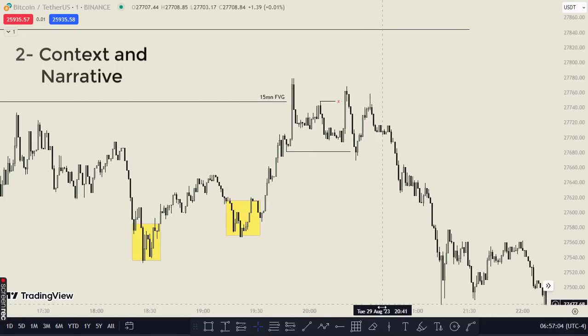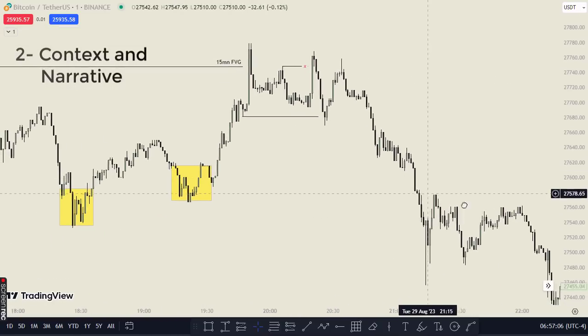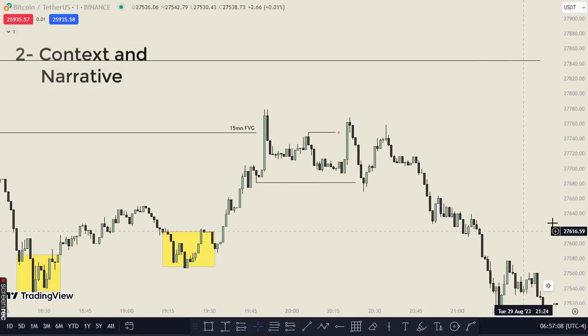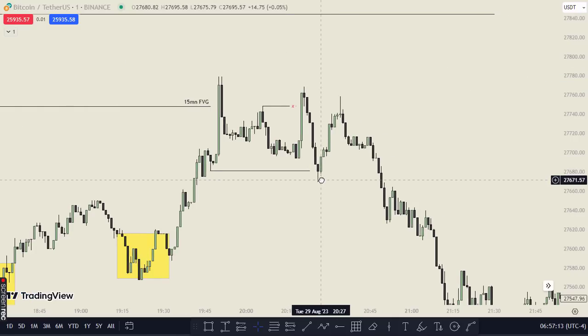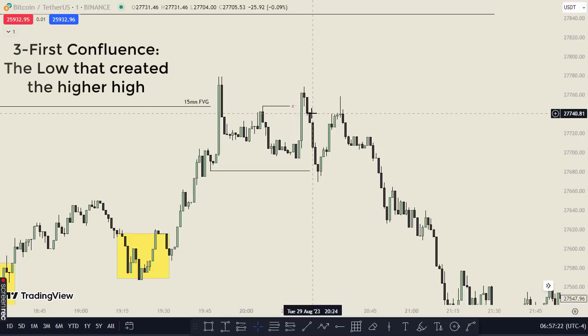And now let's start with the first confluence of why this market structure shift is high probability. The first confluence is, pay attention, the displacement leg must break the swing low that created the higher swing high.